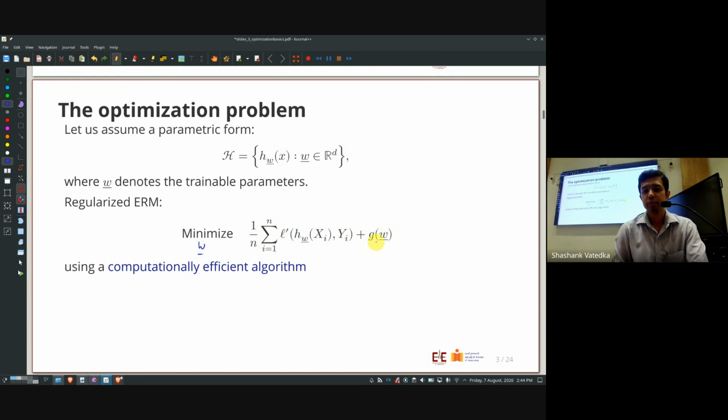And even this, it could be the case that this G of W itself is a sum of multiple regularization terms, but I'm collecting all of them into one G. All right.